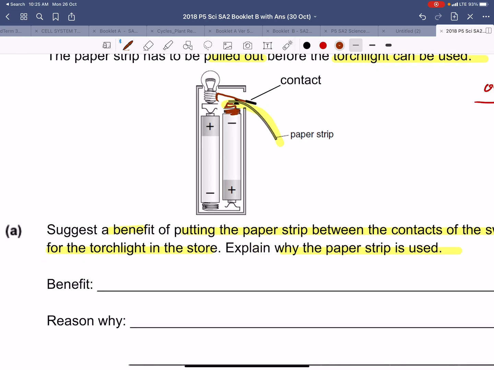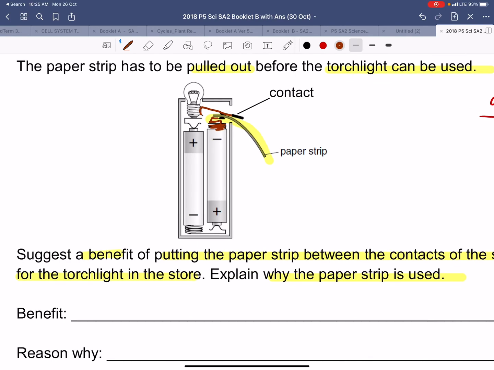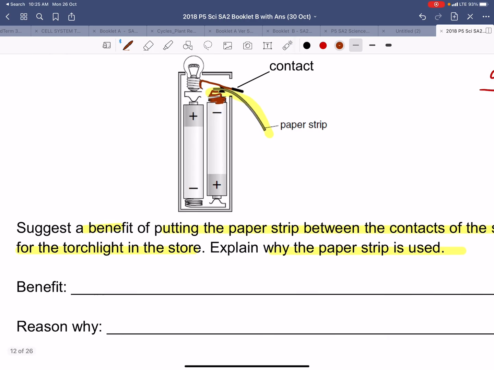So what is the benefit of it? Well, think about it. If you're going to put this in the store to sell, you don't want people to be able to turn on your torchlight, right? You also do not want people to waste the energy that is stored in your batteries by turning it on. So to prevent all these things from happening, the strip, which is an insulator of electricity, breaks the circuit and makes it incomplete.